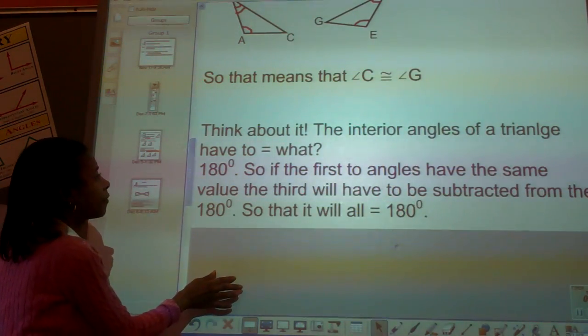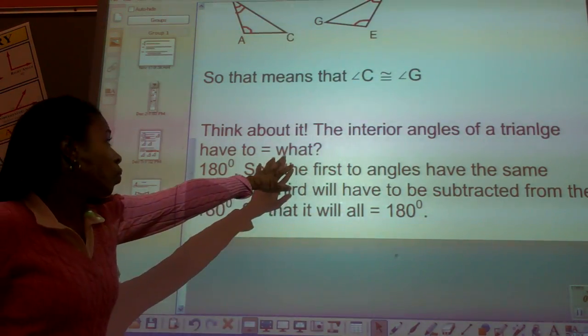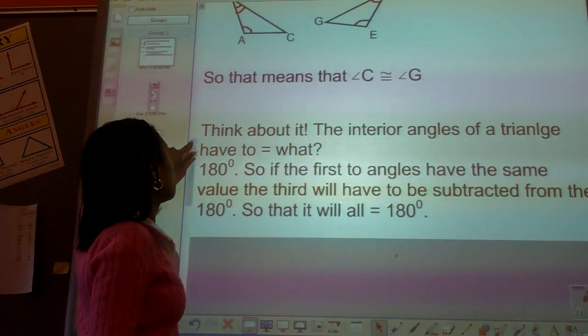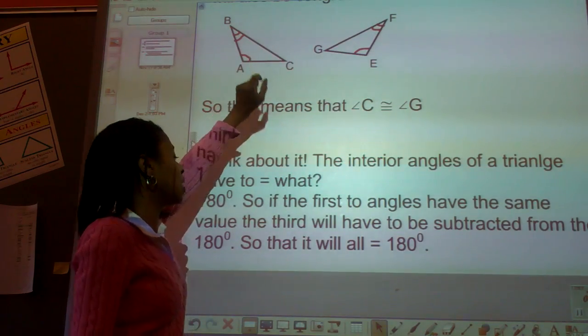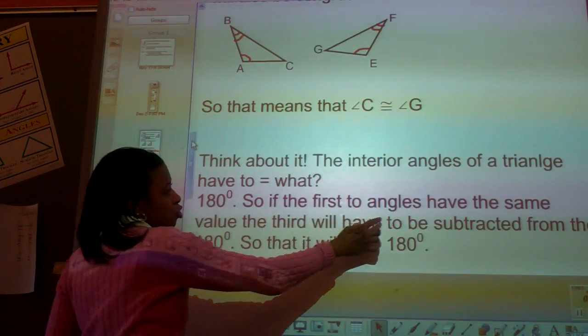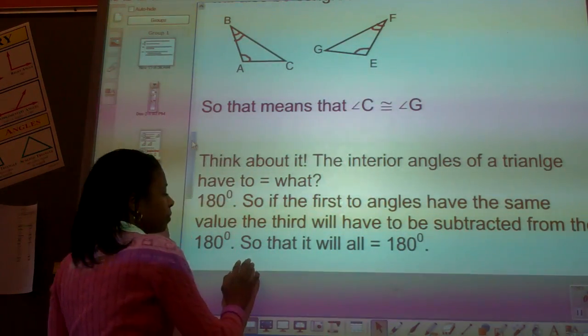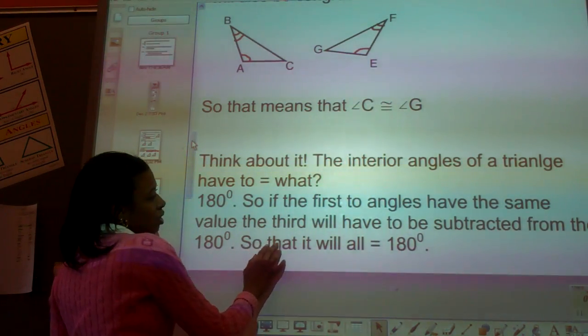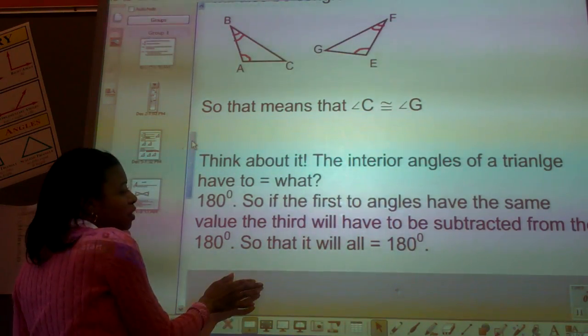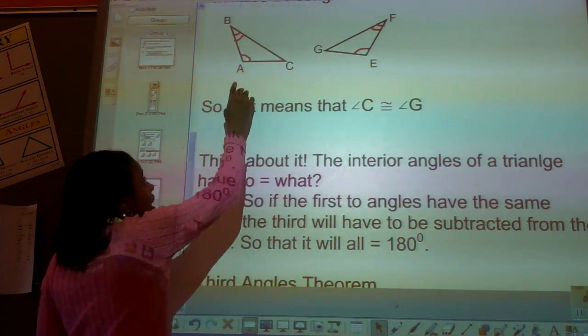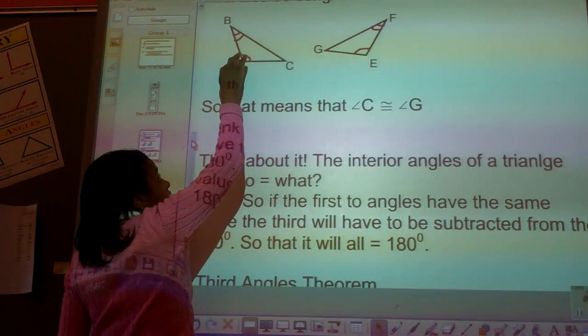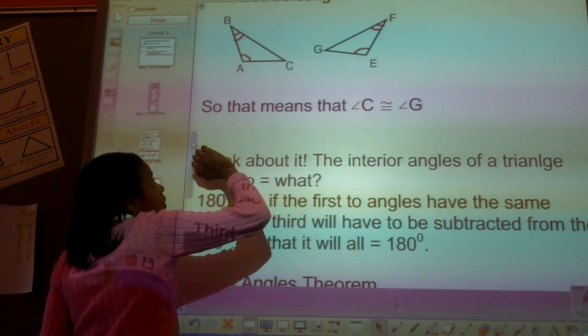We know that the interior angles of triangle ABC must equal 180 degrees. So if the first two angles have the same value, the third can be found by subtracting from 180 degrees. We've done this already. It's just a bunch of words to say, I add these two together and subtract from 180 degrees and I can find that one.